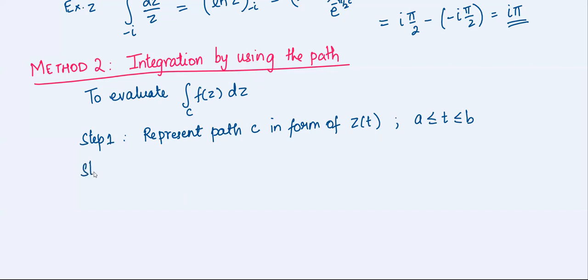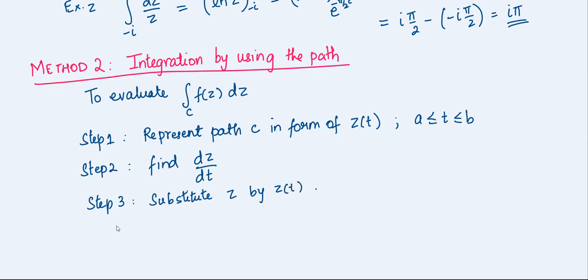And this parameter may vary from A to B. Okay. Next, find dz by dt and then substitute z by z of t, then evaluate this integral.